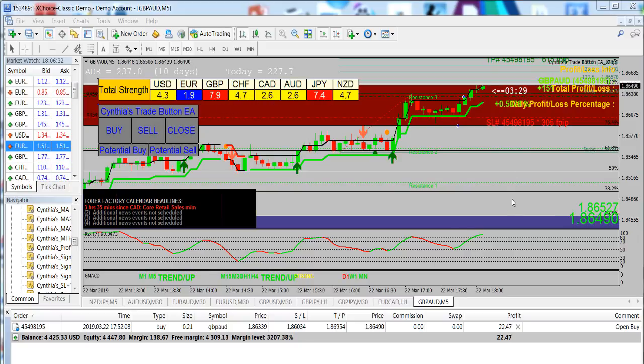So I'm going to pause this video and we'll come back in a few minutes, maybe on the next candle, and we'll analyze this trade. And the only reason I'm getting picky about this trade is because it's Friday morning and I don't want to be in this trade any longer than I have to.